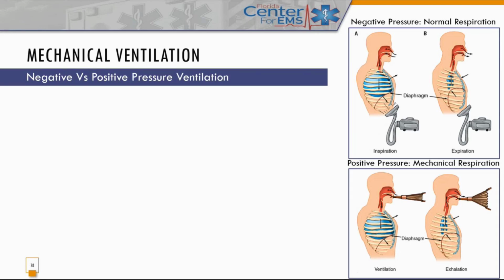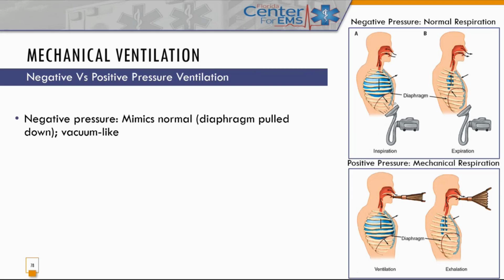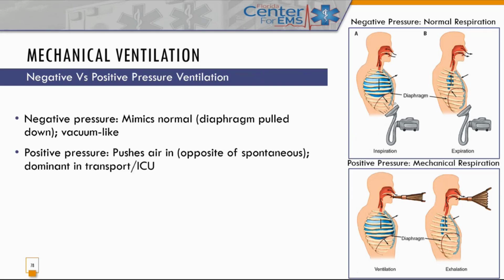And then you come across somebody who's going to do positive pressure ventilation, whether it's a bag valve mask or a non-invasive ventilation, or a ventilator. Now we're going to do just the opposite. We're going to push air in, positive pressure ventilation. The problem with that, and I mentioned it earlier, you're going to get a drop in blood pressure potentially.